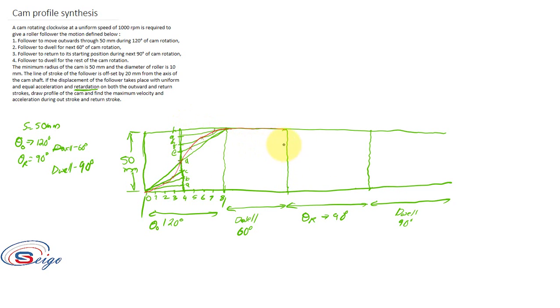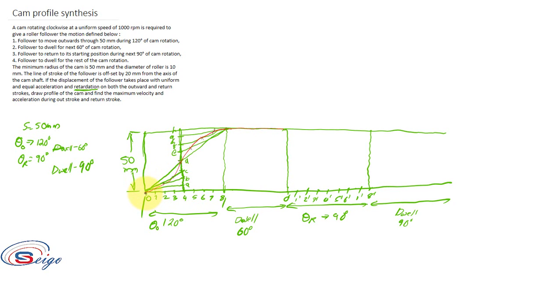For that, again you have to divide this theta r into 8 equal parts. So this is 0 dash, 1 dash, 2 dash, 3 dash, 4 dash, 5 dash, 6 dash, 7 dash, and 8 dash. Before that, I will name each and every point.